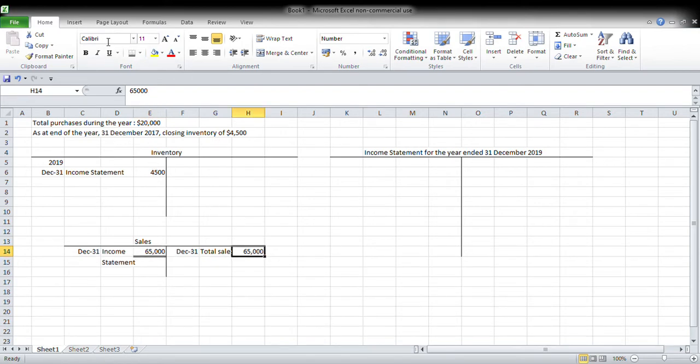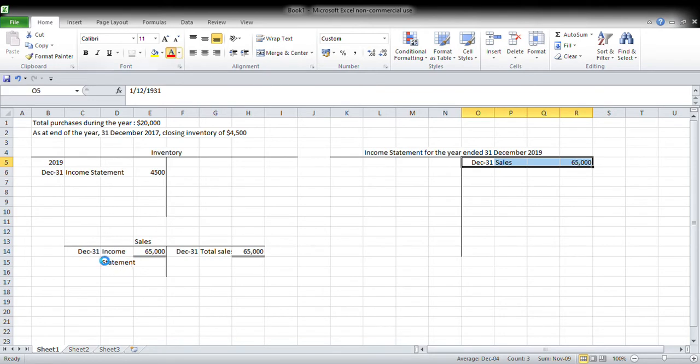You would close off this sales account by debiting the sales account and crediting the income statement account. So 65,000.